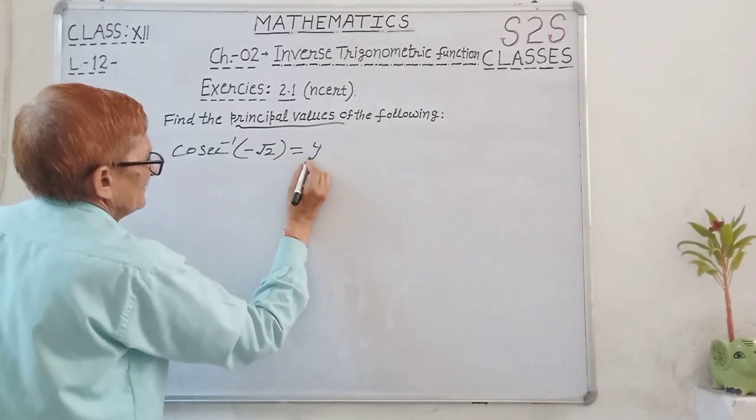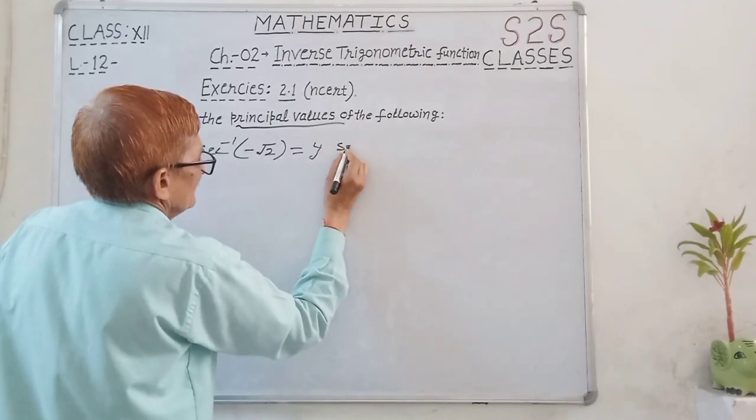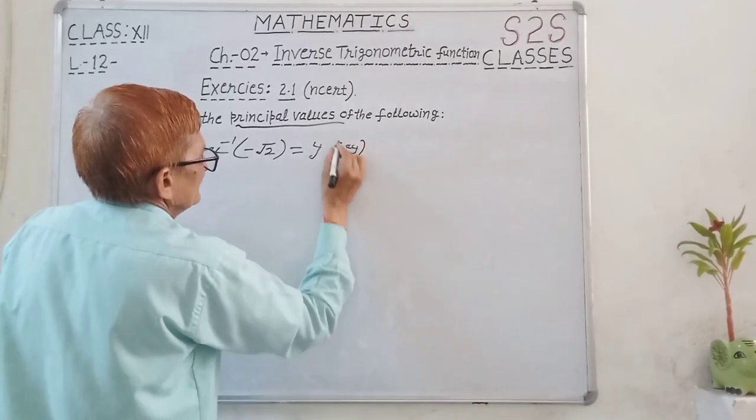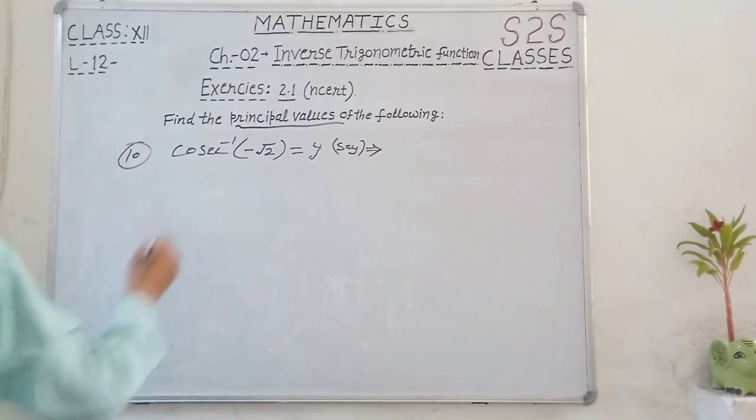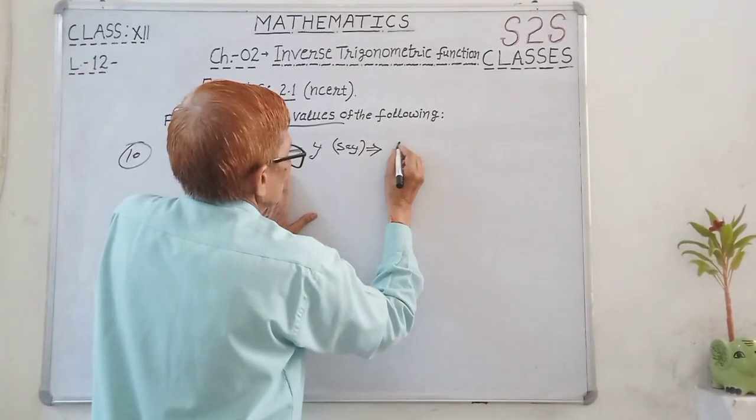Let it be y. Then cosec y is equal to minus root 2.